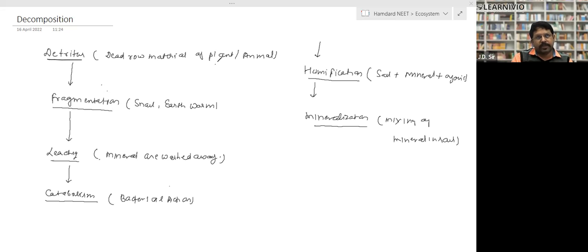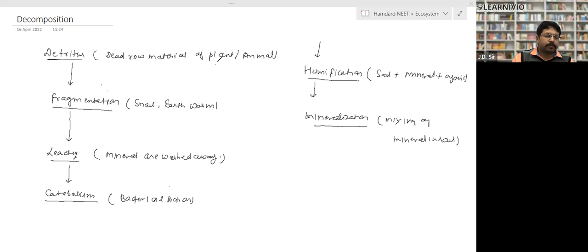Decomposition is breakdown of complex organic matter into inorganic substances like carbon dioxide, water, nutrients, and other substances. Full stop.